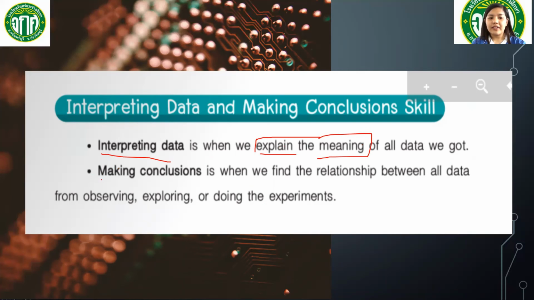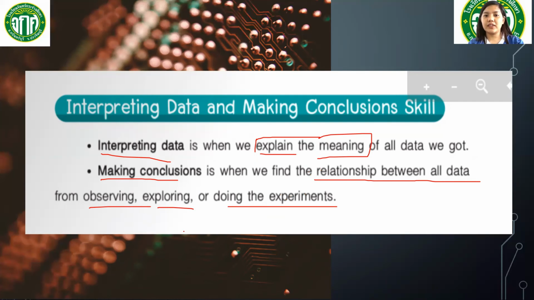Next, making conclusions is when we find the relationship between all the data from observing, exploring, or doing the experiments. Again, this is when you are going to find the relationship of all the data from observing, exploring, and doing the experiment.